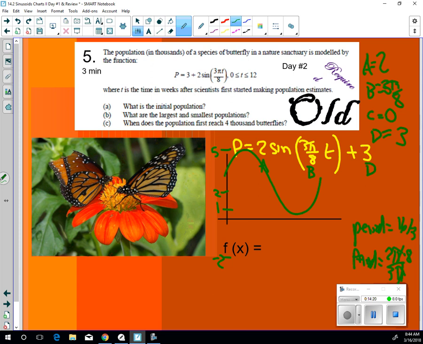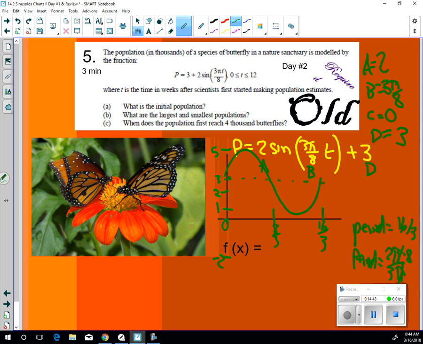And the middle is going to be, what's the middle going to be? 3? Okay. And then one cycle was 16 over 3. This will be 8 over 3. This will be 0. I think we got it.